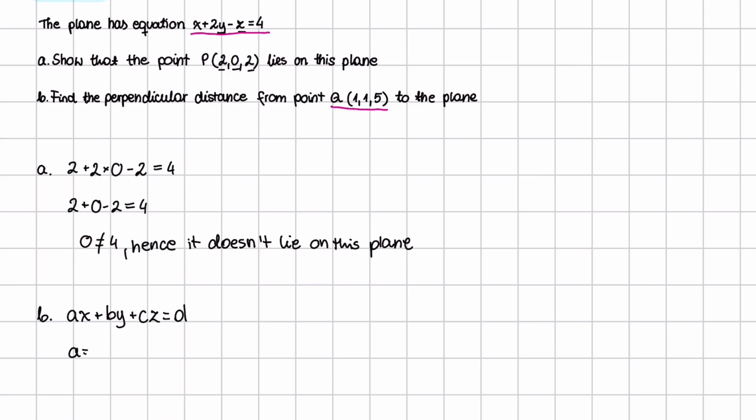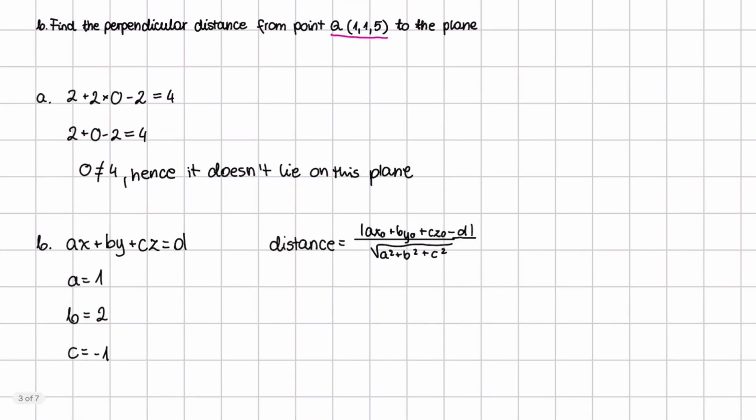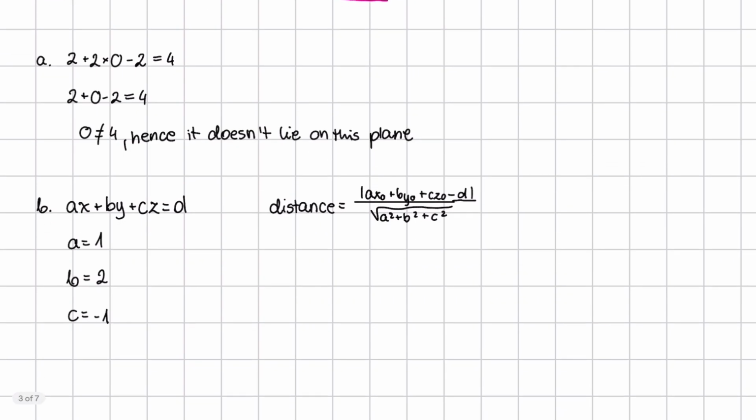So a is 1, b is 2, and c is minus 1. So these are our coefficients, and the perpendicular distance has an equation, and you can observe that this formula is very similar to the angle between two vectors formula. However, here we have distance, and it kind of differs.